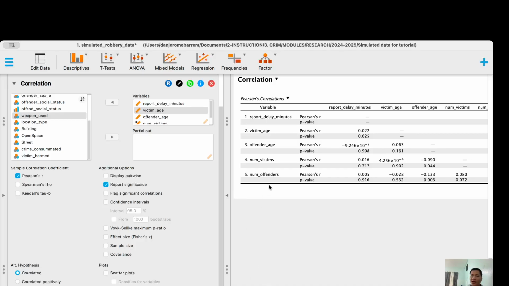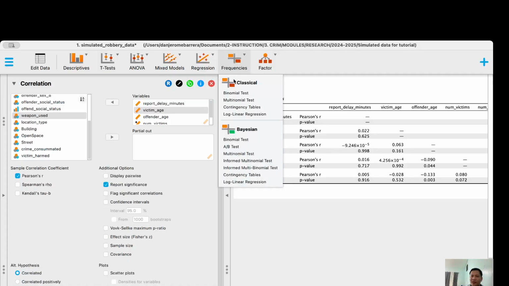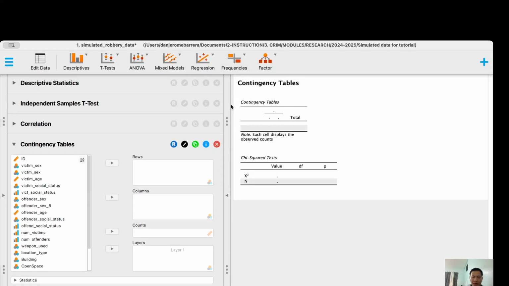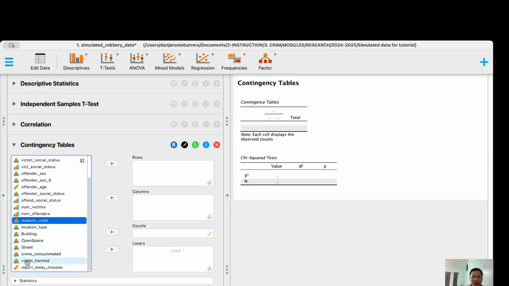So how do we analyze their association? Let's go to frequencies, then contingency tables. Again, we are trying to determine the association between weapon use and victim harm, or crime lethality as measured through victim harm.